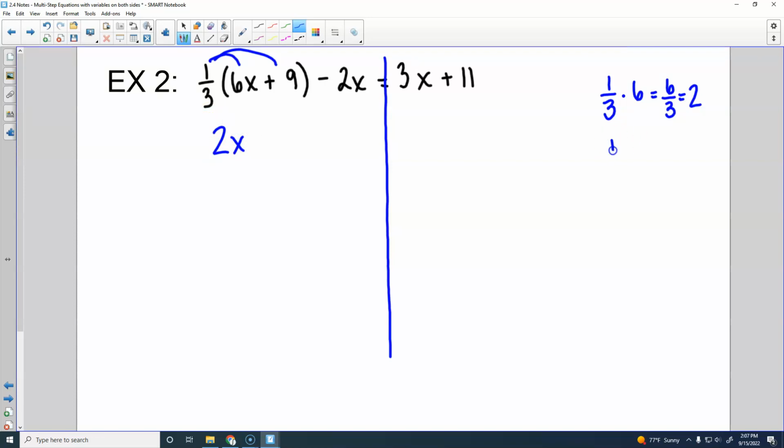And then I've got to do 1/3 times 9. Rosalind, what do I get when I do 1/3 times 9? Good. And what is 9 over 3? 3. So we get 2x plus 3 there. So really the fractions are gone now.